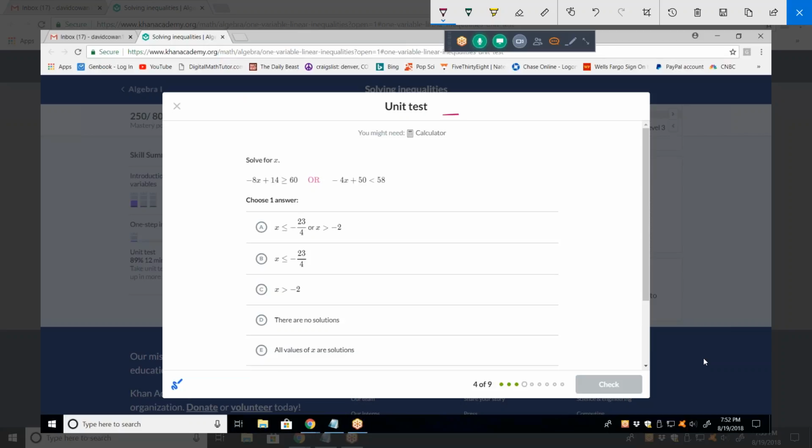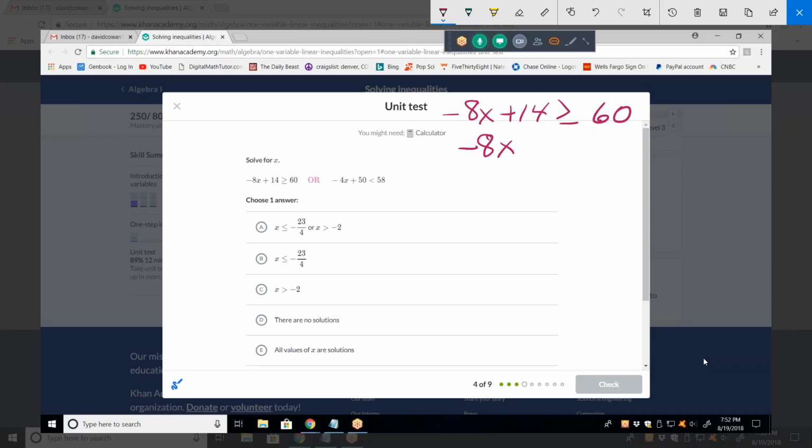Let's solve the first one. So 50, so 46. No, start from the left. 8x is... what is it, negative 8x or positive 8x? That's why I want you to start from the left. If you start from the left, you can't make a mistake. So negative 8x.